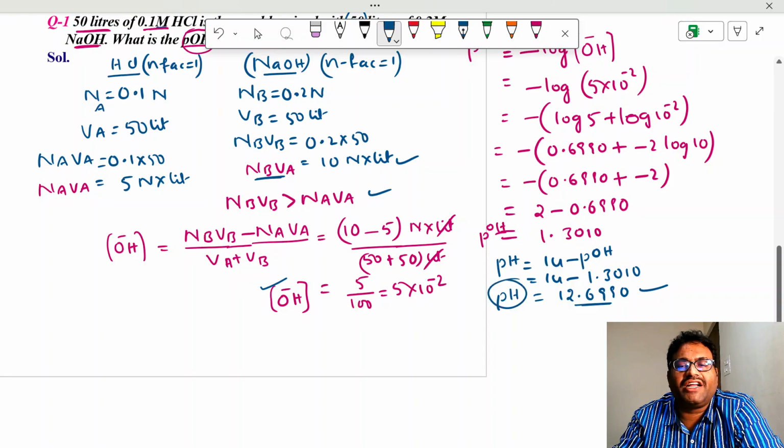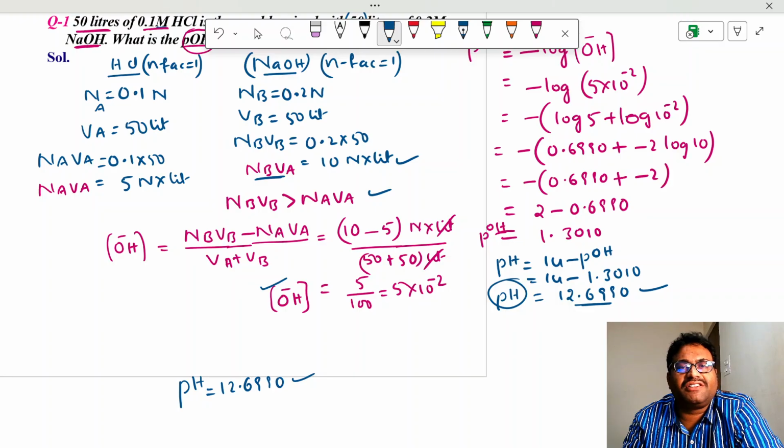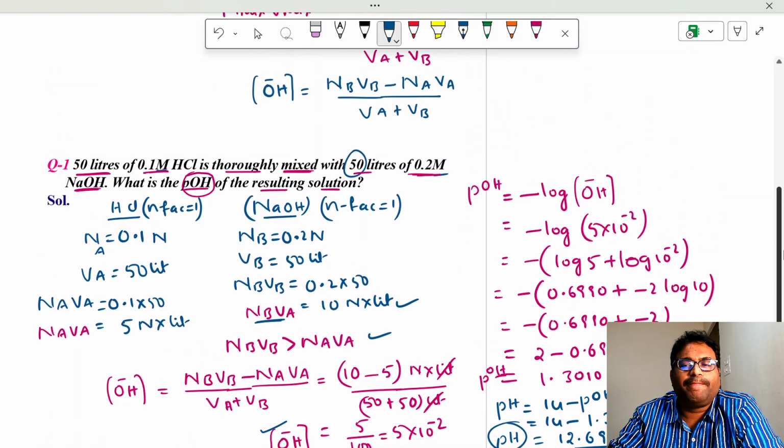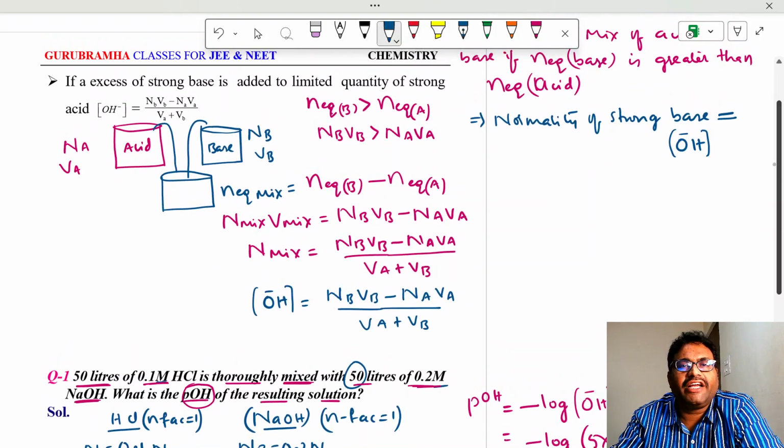Finally we got 12.6990, which is greater than 7. So pH greater than 7 represents a basic solution. So that is calculating the pH of a mixture of solutions.